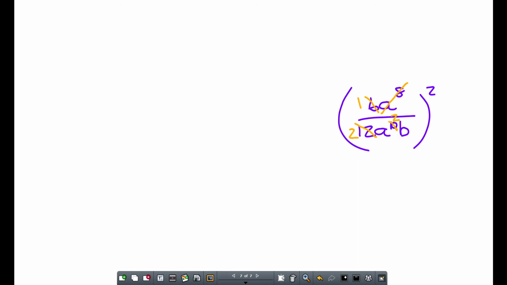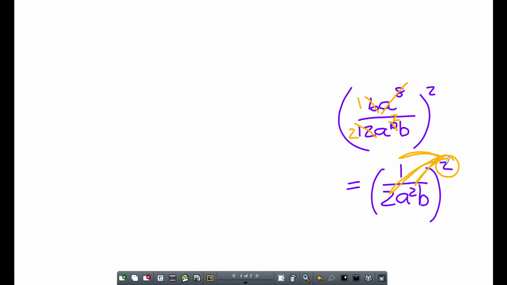So it still gives me, at the top you'll see the 1 was left, at the bottom 2, then a to the power of 2, b, still to the power of 2. Does it now make more sense? Okay. And just remember that that to the power of 2 applies to everything inside the bracket. So the 1 and the 2 and the a squared and the b. No? You good? Enigiemand anders?